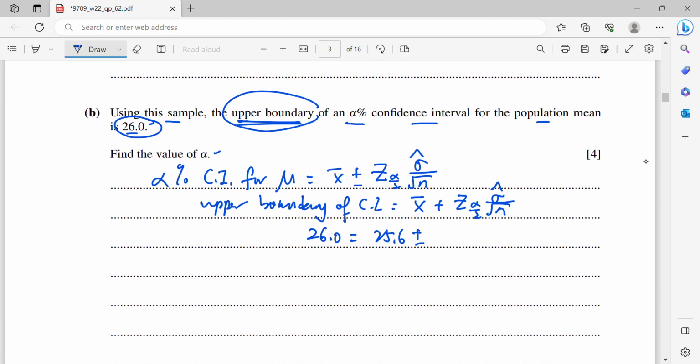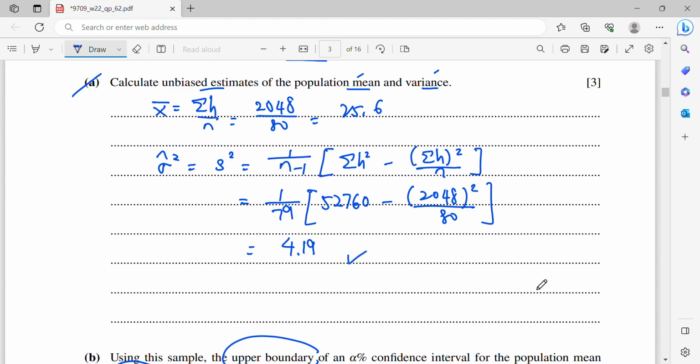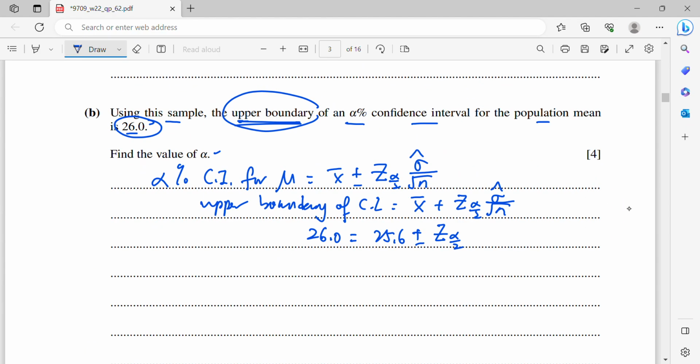The z is unknown now because the alpha value is not given. Then sigma hat will be the square root of 4.19, right? Because it's the square root of variance. So 4.19 over 80. Right, so from here, by moving the 25.6 to the left hand side and dividing by this square root, I will be getting the z value.